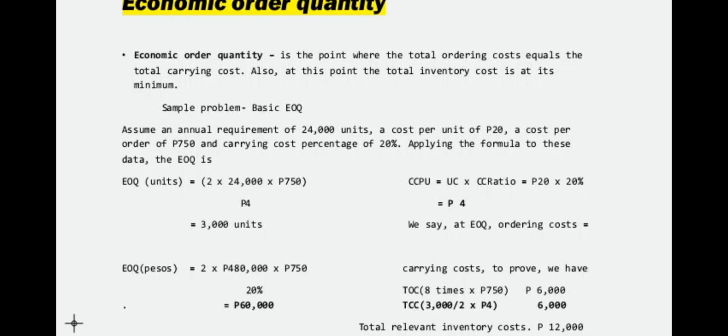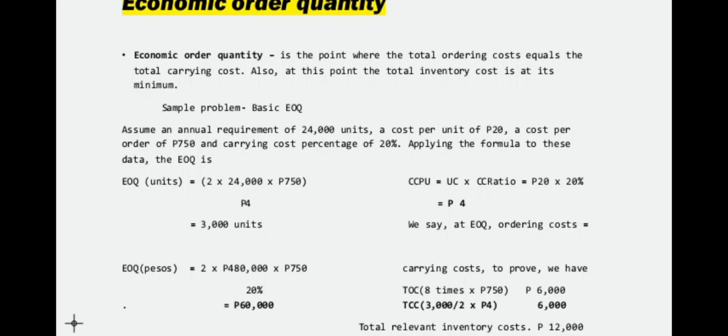Then we have a sample problem. Assume an annual requirement of 24,000 units, a cost per unit of 20, a cost per order of 750, and a carrying cost percentage of 20%.